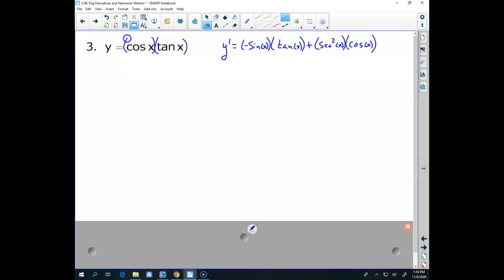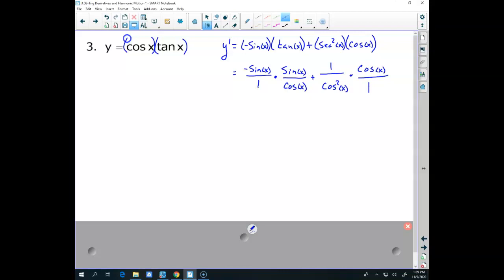Thinking back to pre-calc, all those trig identities to simplify. Well, it's really a negative sine x over 1 times a sine x over a cosine x plus, secant. Well, didn't we try to look at everything in terms of sines and cosines typically? Times cosine x, and that one's over 1.